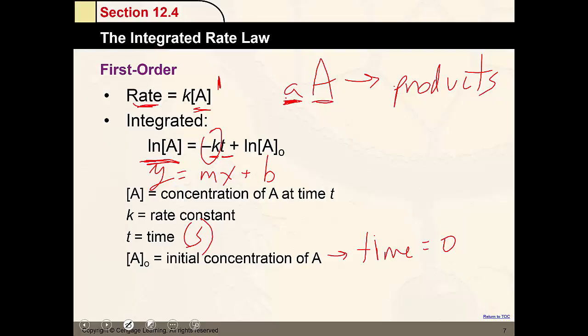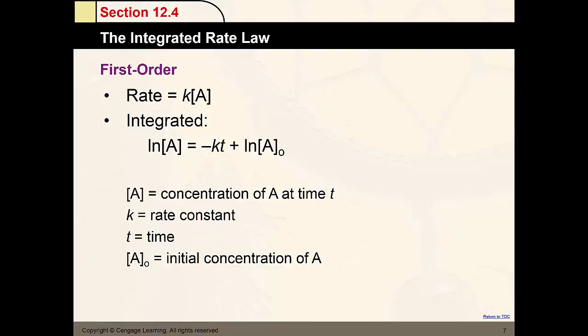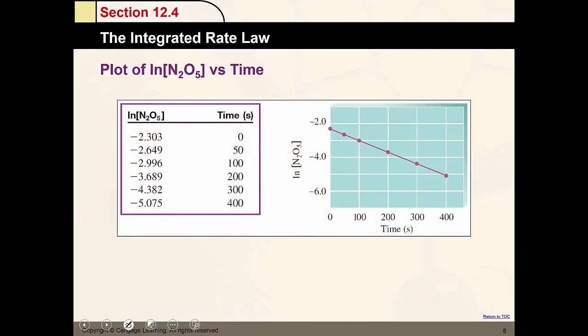So for example, if we have the following reaction, and the reaction is N2O5 decomposes into NO2 and oxygen, normally you would be given just concentration values of N2O5.